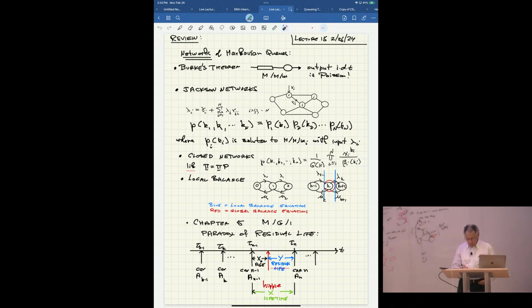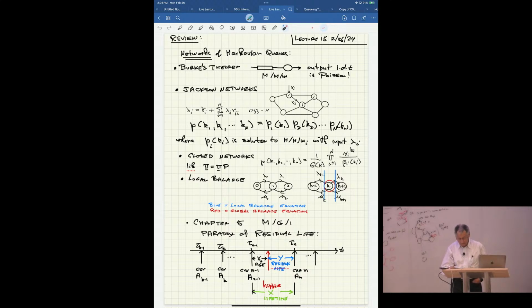A small comment, we also talked about local balance, where we said if we have a general birth-death process, if we look at the red inspection method, we get what are usually called the global balance equations. But we could also look at the blue inspection methods, and those become what are called the local balance equations. And not always, but often enough, the local balance equations are satisfied.